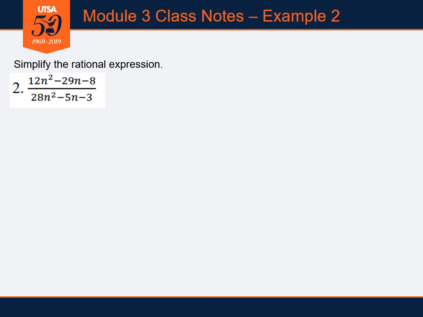The one that I called the AC method, multiplying a times c and finding those factors and splitting the middle term. Let me just do a quick walkthrough of what that looks like in this example. Let's take the numerator first over here in our scratch work to the side.